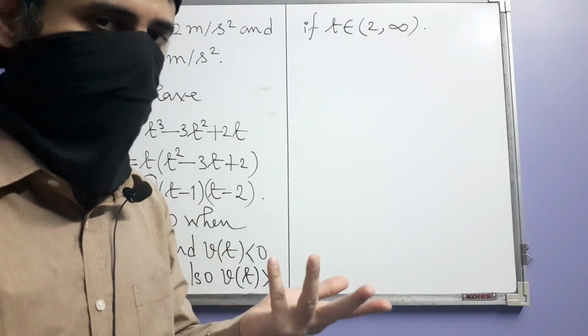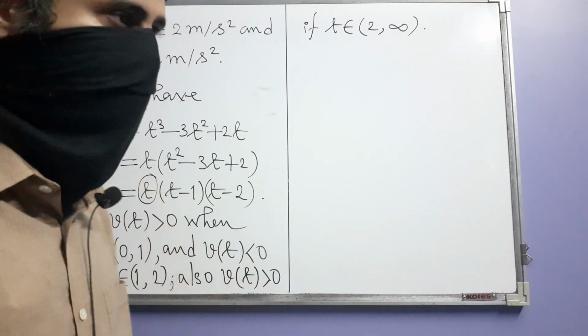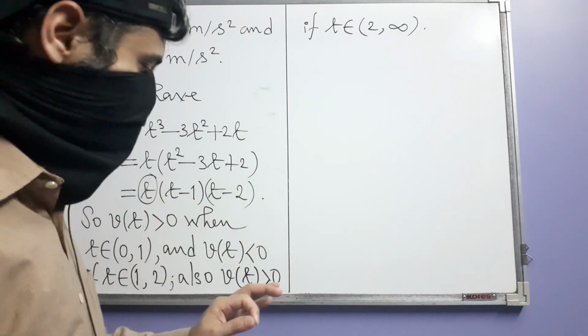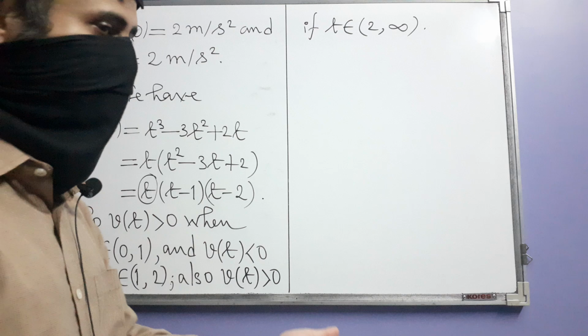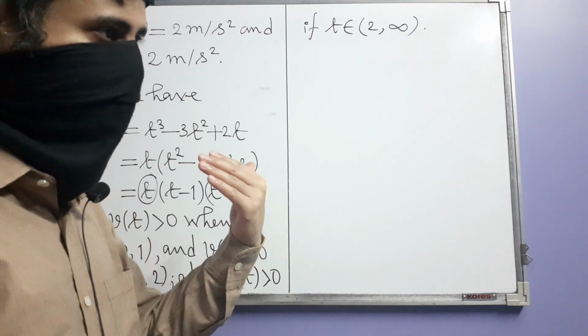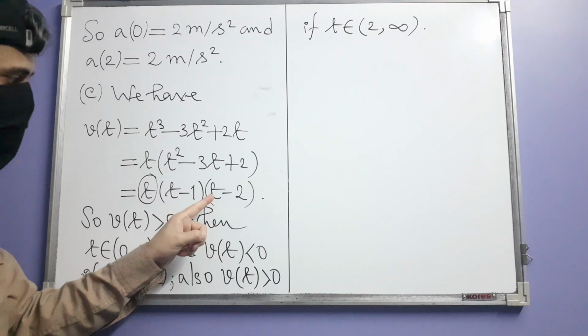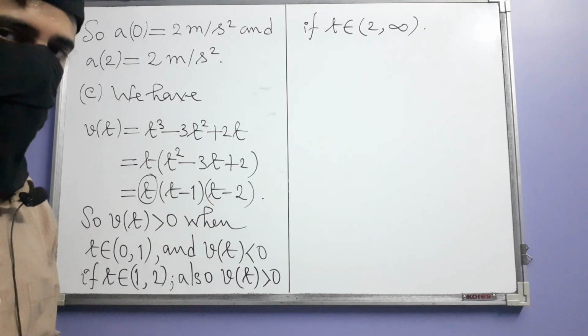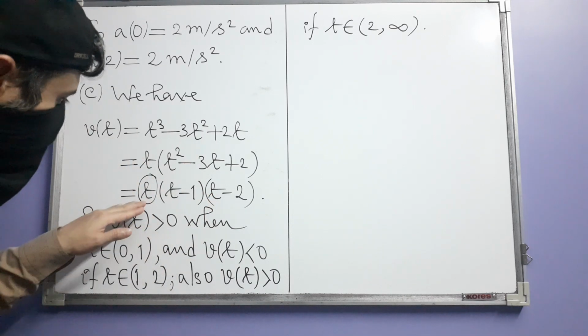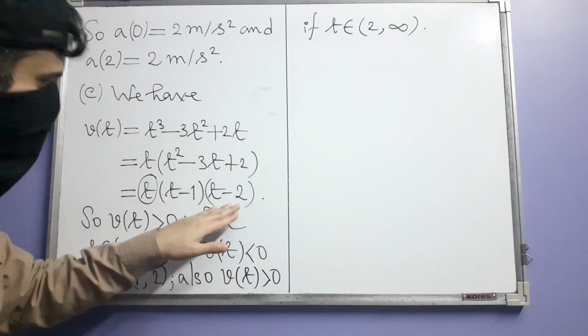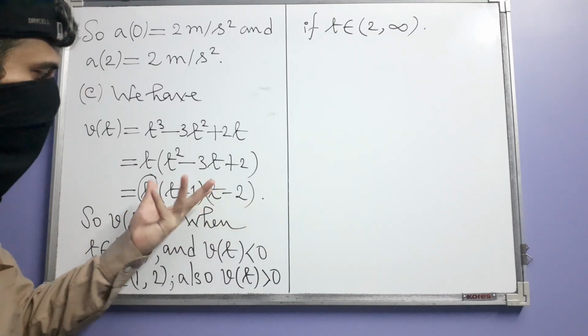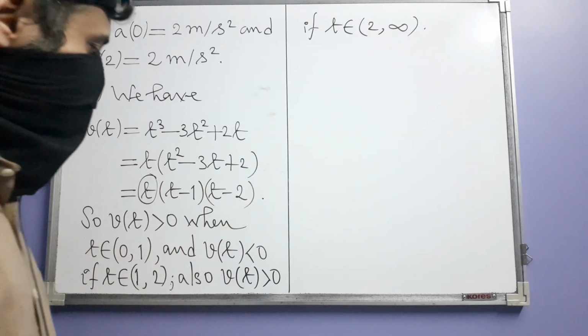So we should say what happens at that point. At that point, the tendency of the body is to change direction, and it really changes direction if we continue our observation. Really the body stops at t equal to 2 second. That we can instantly say from this expression itself. If t is 2, this becomes 0.